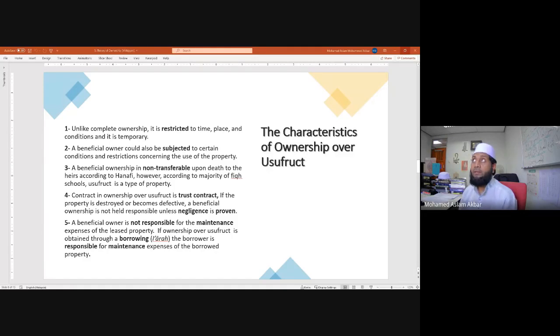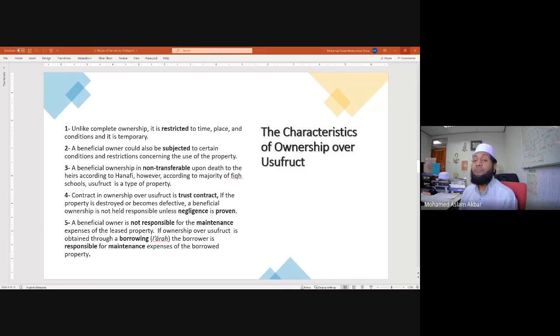You are there and suddenly the furniture is gone or destroyed, or suddenly the electricity is not working, or suddenly the car engine got overhauled or repaired. So now who is responsible?